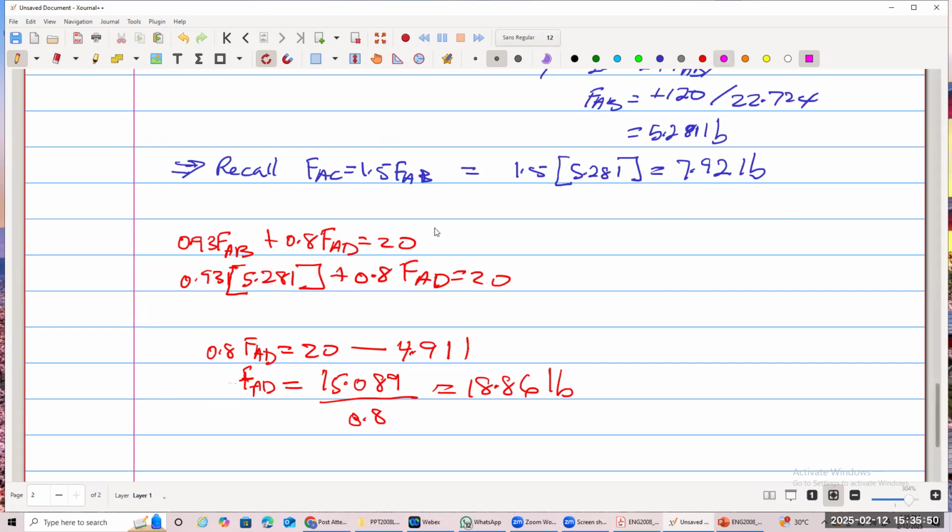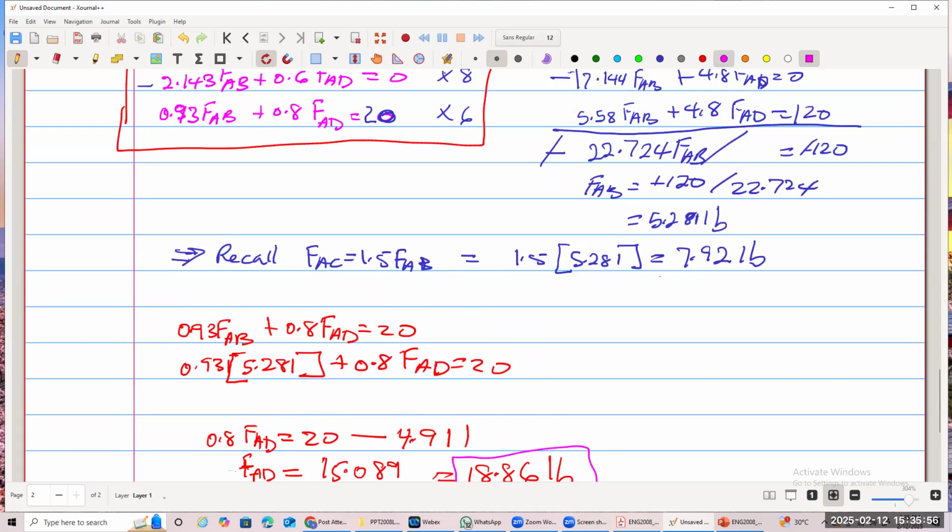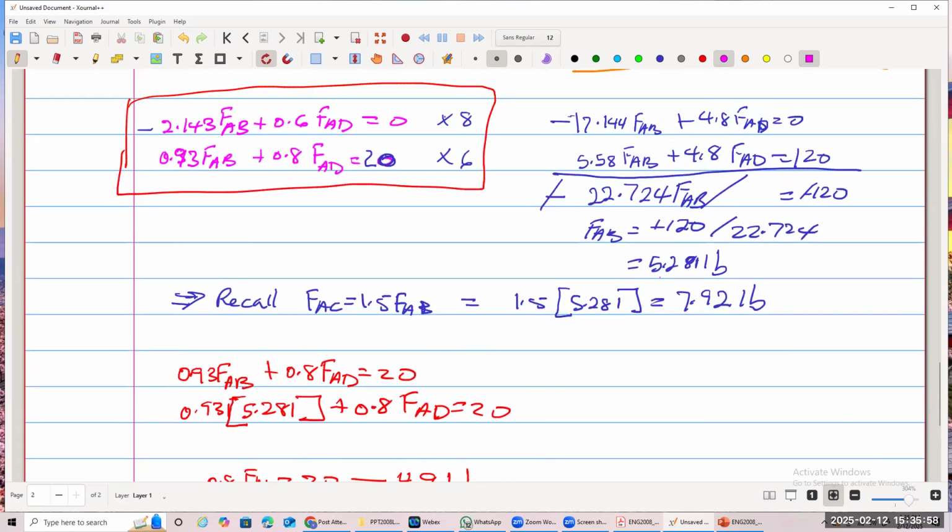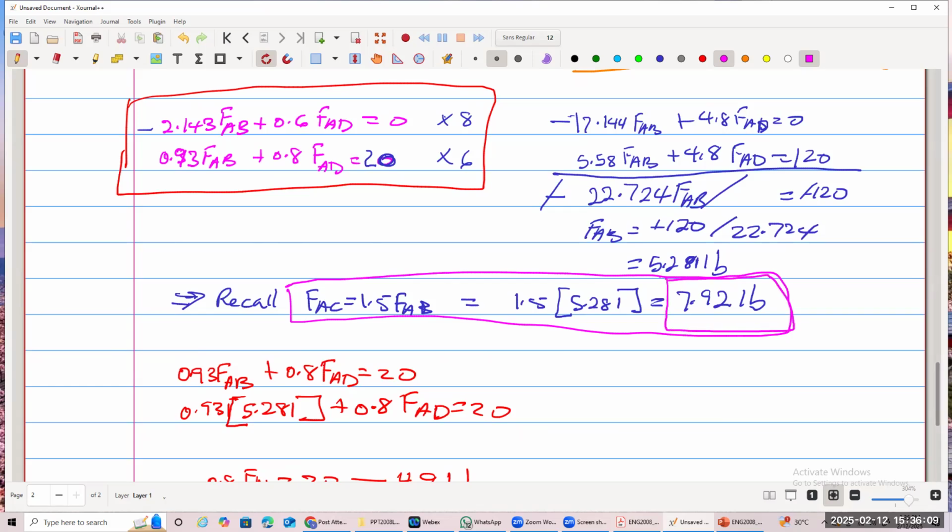So you got this one for AD, the tension in AD. You get this one also, AC. So AC is actually this down here, and you have AB above. So you have all three of them.